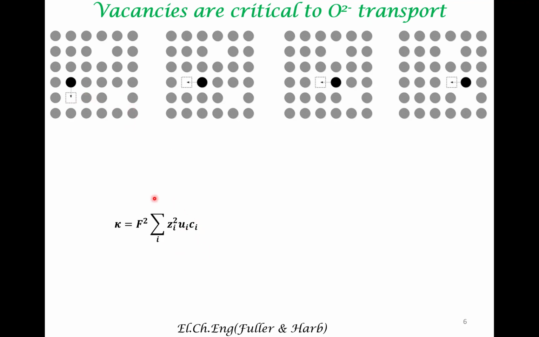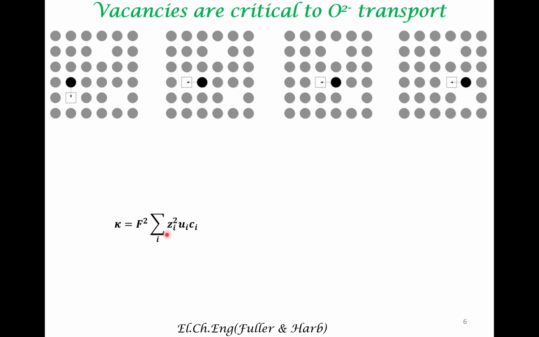So this relationship suggests that the conductivity is linearly proportional to the concentration of oxygen vacancies. This is not quite true. It is to an extent true, in the sense that if you increase the oxygen vacancy concentration, let's say at low concentration, conductivity does seem to increase.